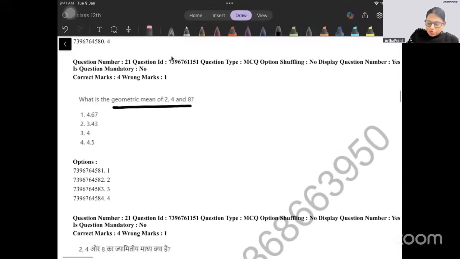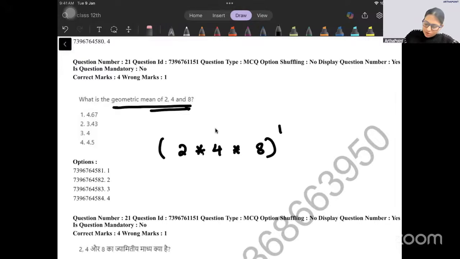What is the geometric mean of 2, 4, and 8? Okay. Easy. So (2 into 4 into 8) to the power 1 by 3.